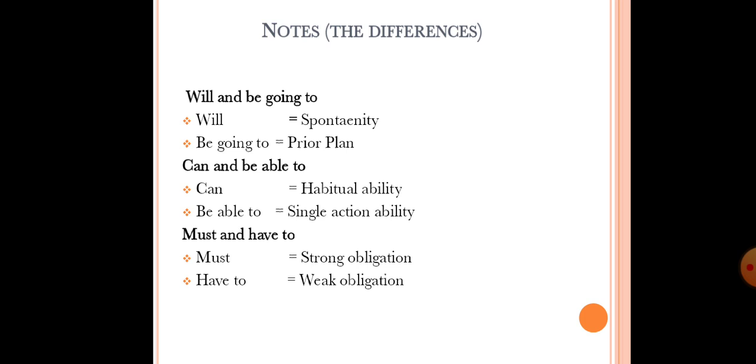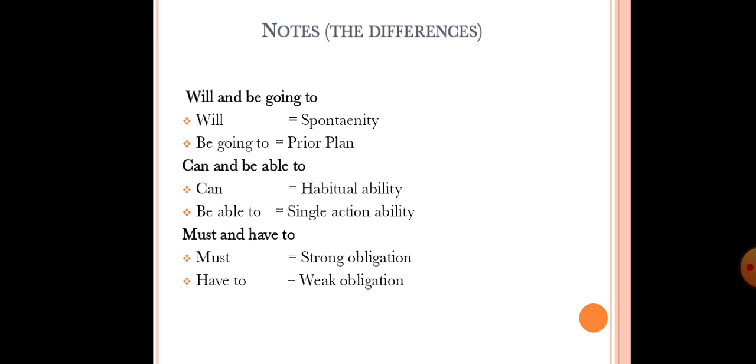So this is habitual ability. Different with be able to, single action ability. It means casual ability, kebetulan. Example, yesterday the robber was able to escape from the jail.